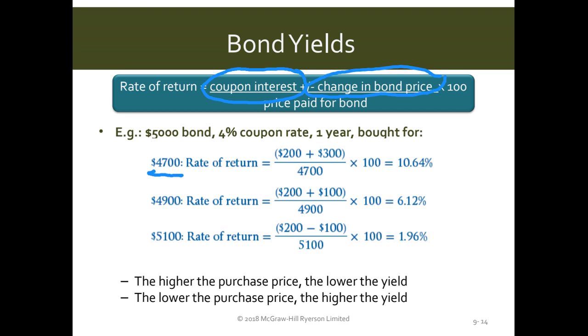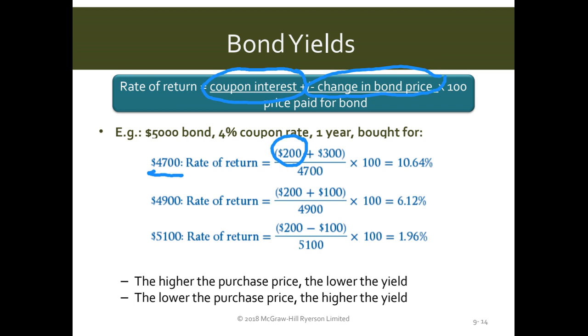This is the formula. So this is $200. What is this $200? When I redeem this bond, which has a face value of 5,000, I will get $200 for sure, because the coupon rate is 4% and the face value is 5,000. But after 1 year, I will also get the $5,000 face value, and I've already paid 4,700.